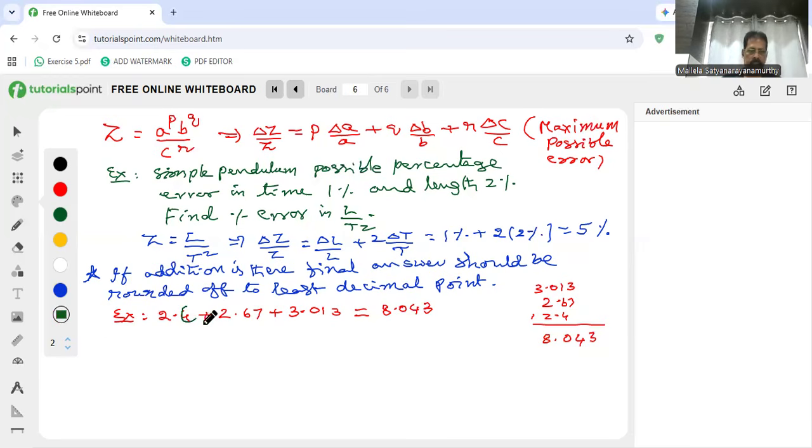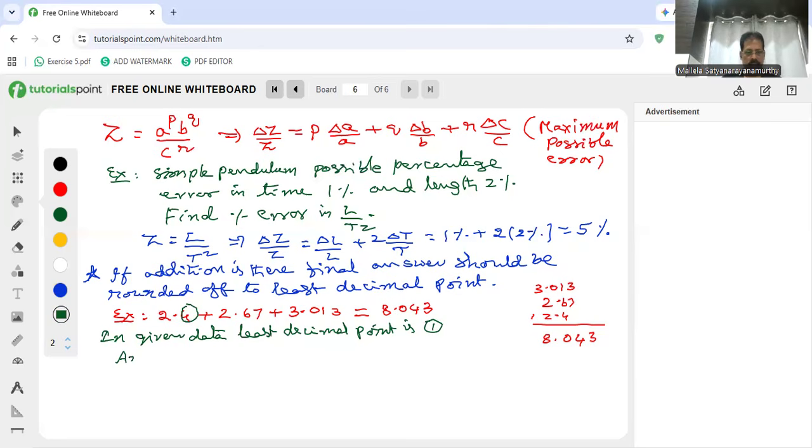Actually, the least decimal point in the given data is 1 only. One decimal. Now the digit is 4, but the decimal digit is 1. So the final answer should be rounded off to the least decimal only.